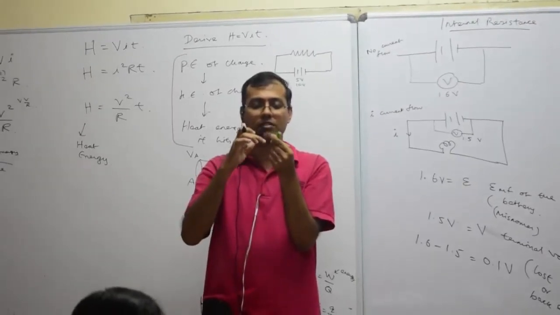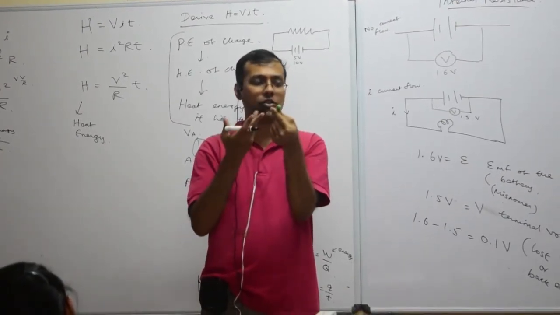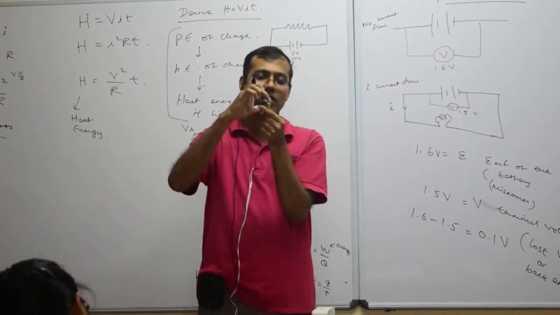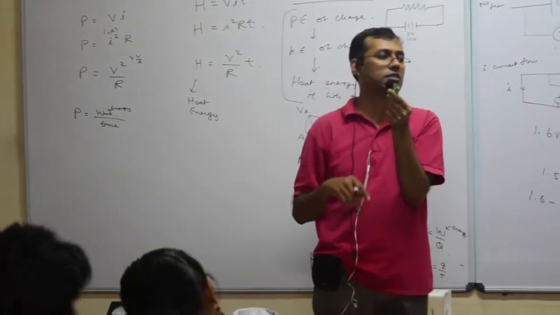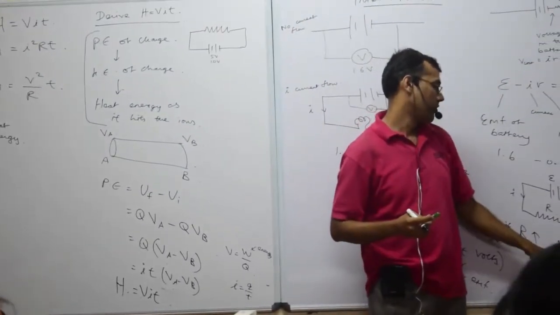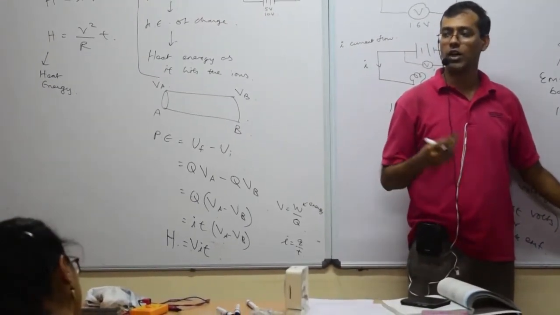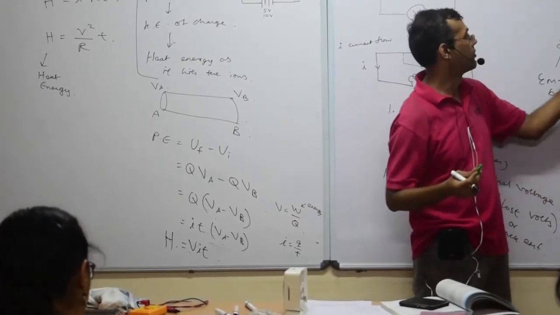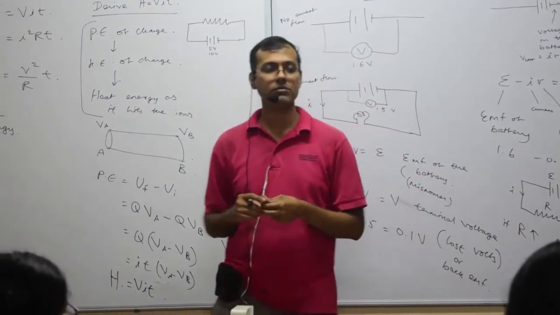Which means we can say the resistance is very, very high. So in this situation, even though there is no circuit, I can imagine that there is air connected here, right? The resistance is very, very high. What happens to the current? Current will be very, very low or almost zero. So that's why if this is zero, E is equal to the voltage which you are measuring. Following this?